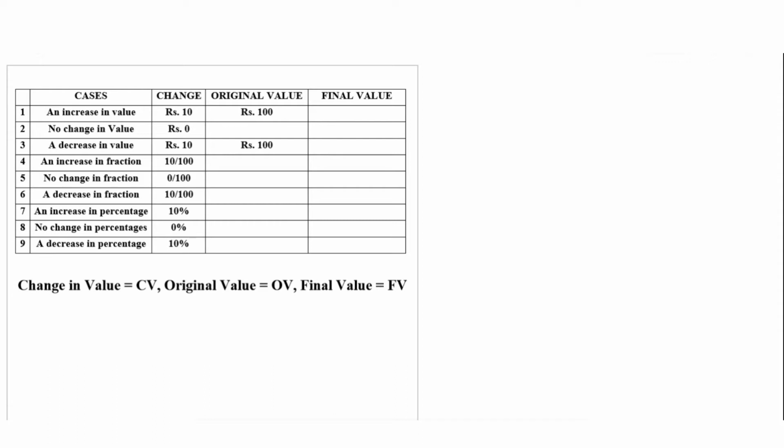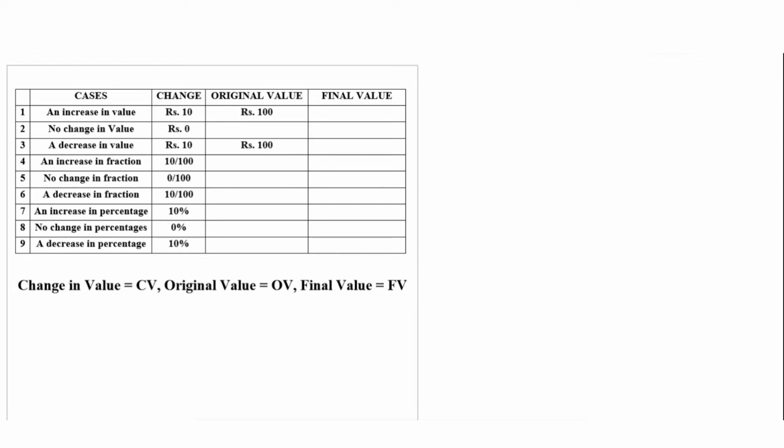But before we do that, let us formulate the basics, or the concepts that we are going to discuss. In the entire session we'll be using the acronyms CV for change in value, OV for original value, and FV for final value.